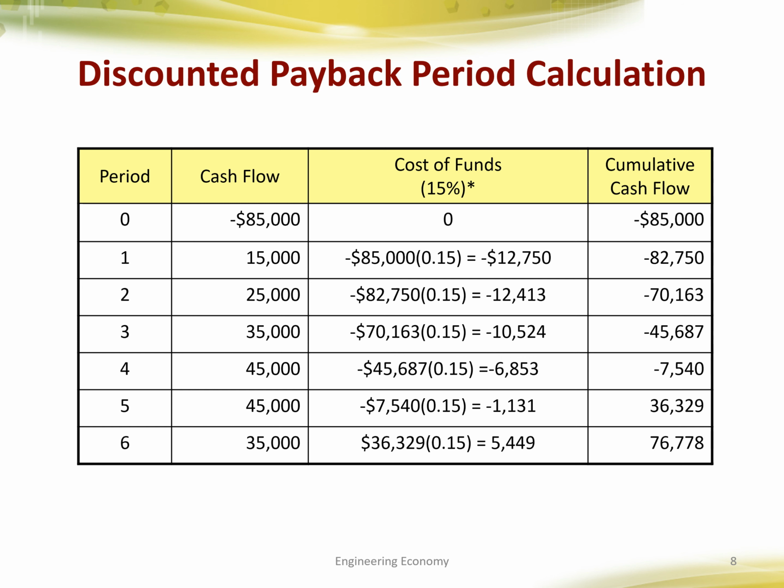However, if we right now put in 85,000, there's a cost to it too. So that cost is the interest that we need to pay. So 85,000, and the cost will be 12,750. So we'll add these two together.